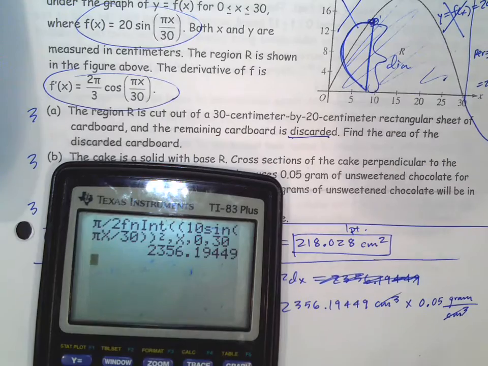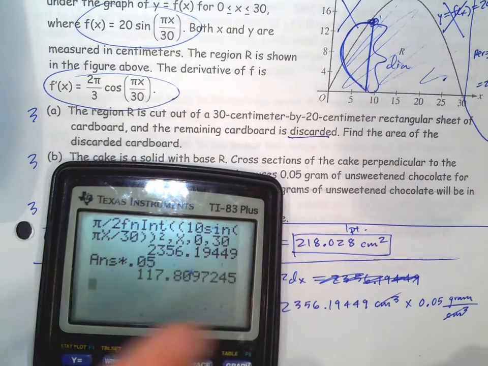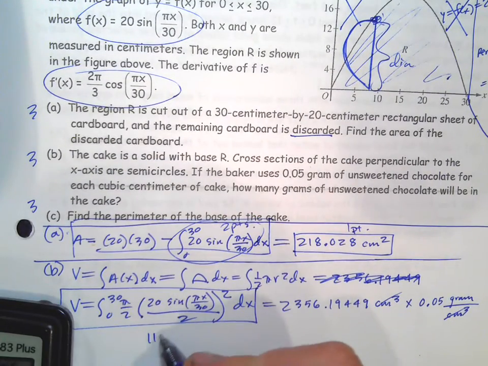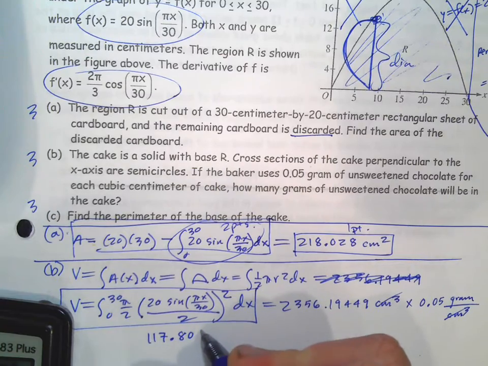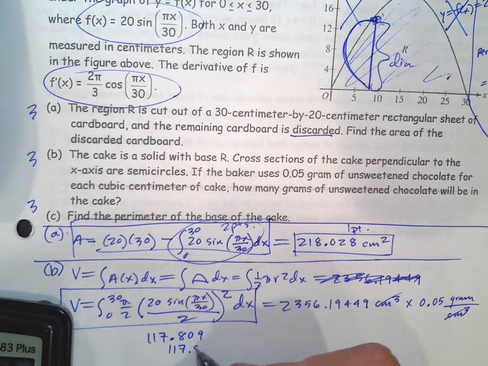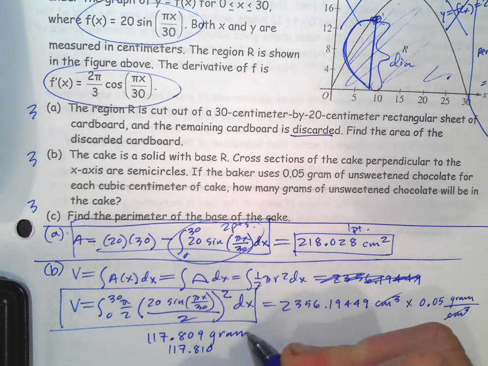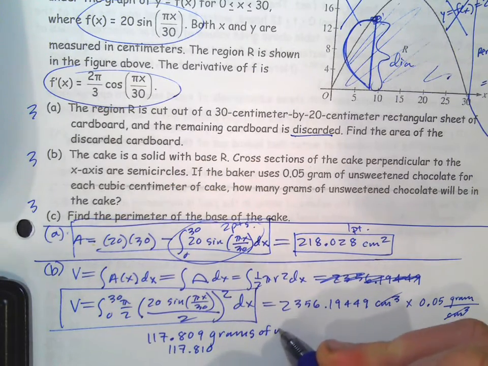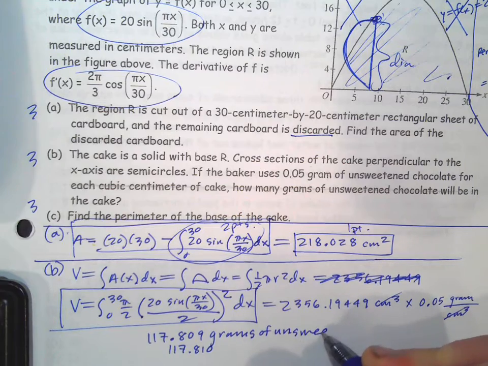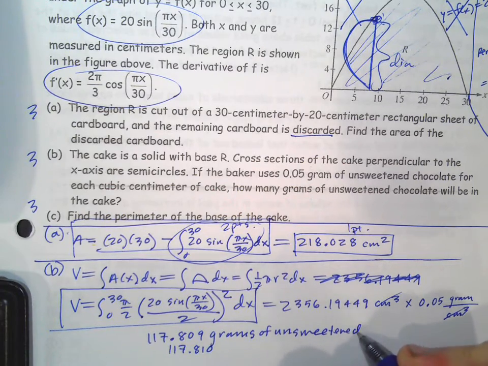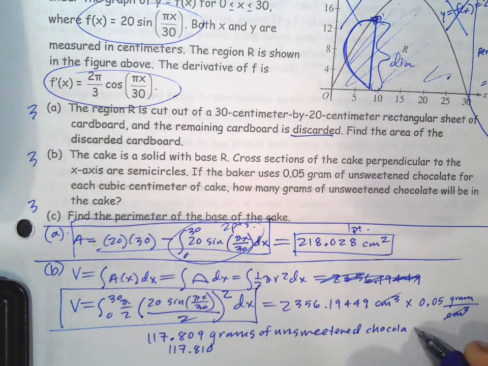And we would get 117.809 or 117.810 grams of unsweetened chocolate will be used for the cake.